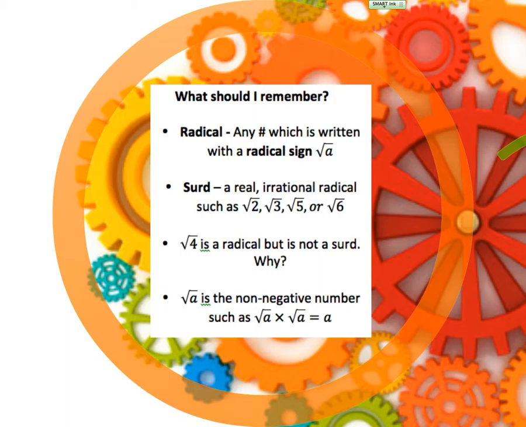A surd is a real irrational radical, such as square root of 2, square root of 3, square root of 5, or square root of 6. So it's one of those irrational numbers. If I were to evaluate that on a calculator, it's going to approximate the first few decimal places for me, but it would go on and on forever. And it can't be broken down.